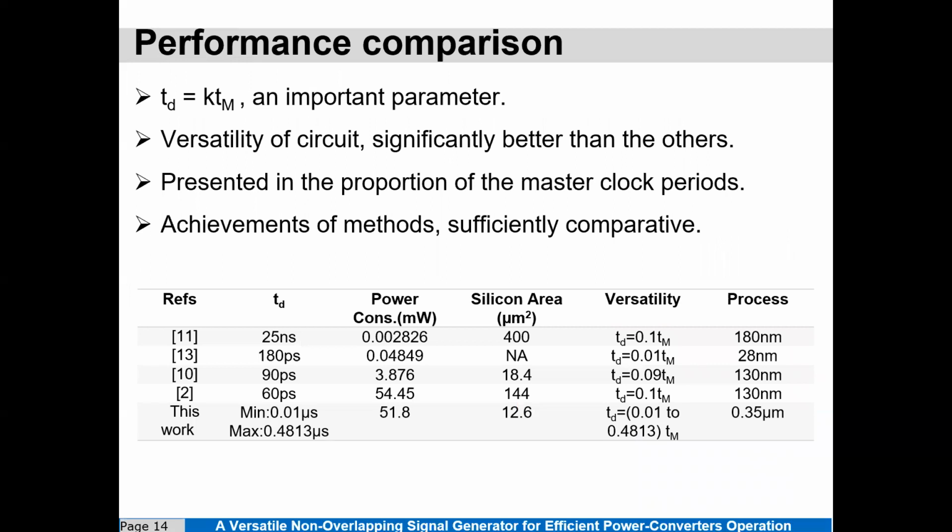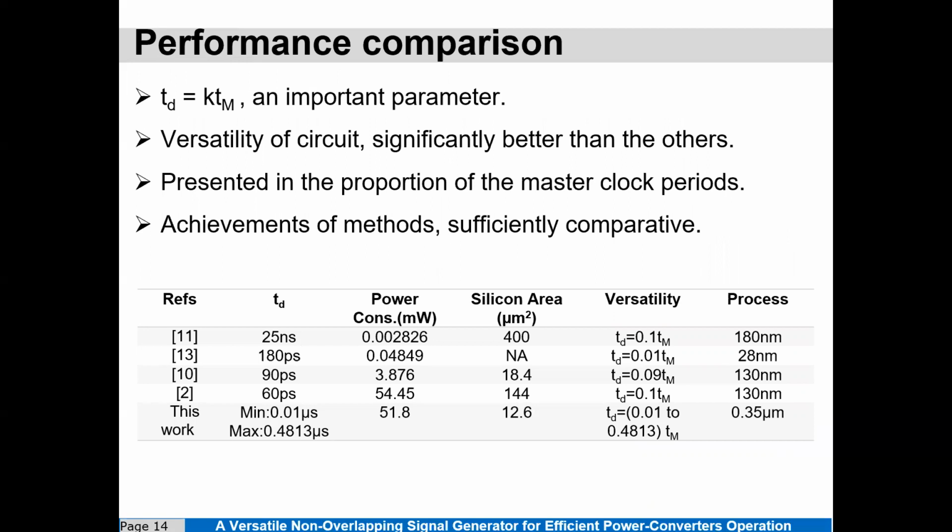The performance comparison of the proposed VNOSG with recent circuits is presented here. In this work, TD1 equal to K times Tm, an important parameter which considers the versatility of a circuit, is significantly better than the others. In this parameter, Tm is defined as the master clock period.